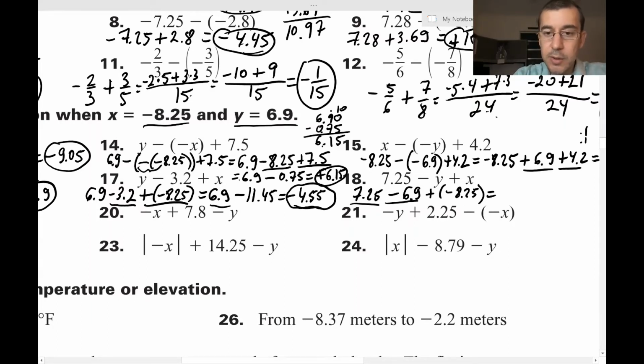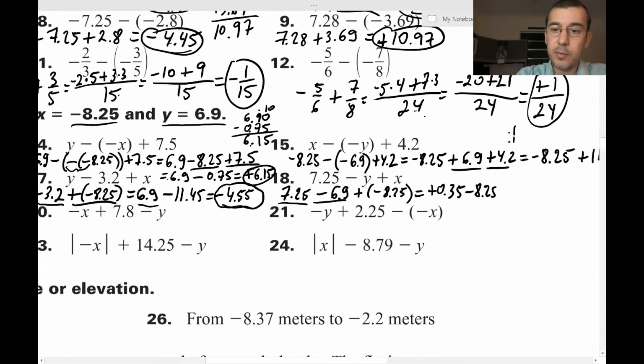So 7 is greater than 6, so it's plus, and then from 6.9 to 7 is 0.1, so this is going to be 0.35. Okay, so we have plus 0.35 and then minus 8.25.